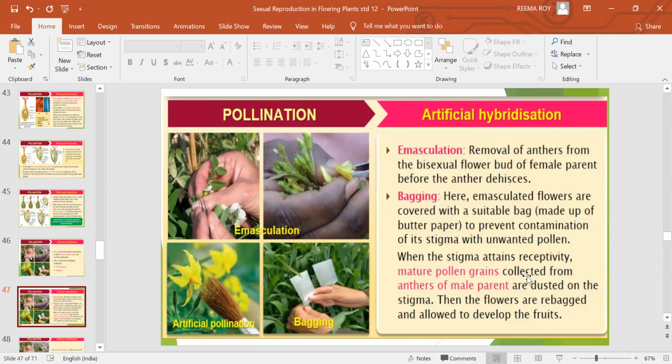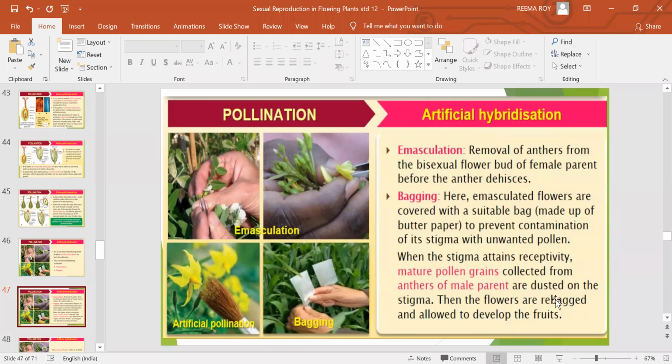When the stigma attains receptivity, see, if someone comes to your house, you will let the person enter only when you know him or her. If the person is unknown, you can't accept him, right? Do you allow him to enter the house? No. So when the stigma attains receptivity, mature pollen grains collected from anthers of the male parent are dusted onto the stigma.